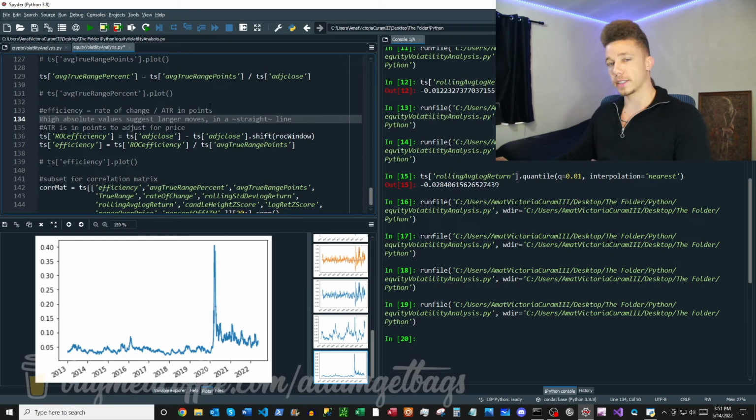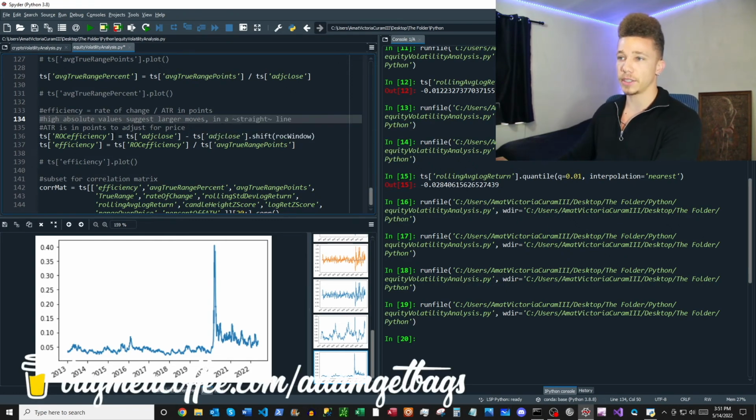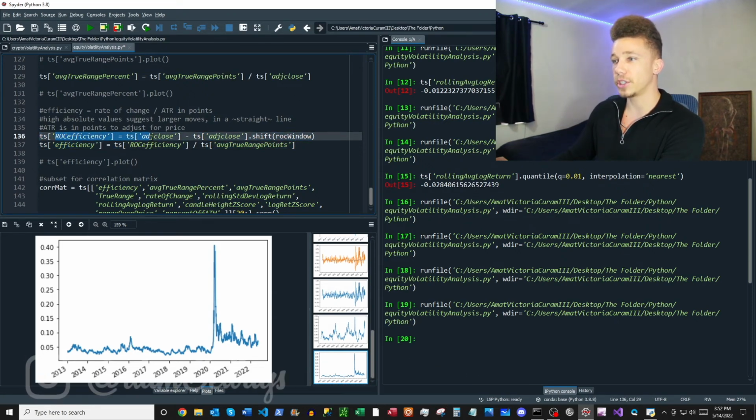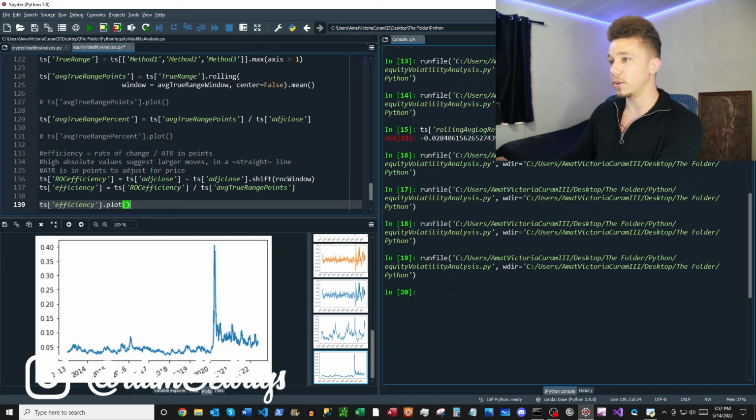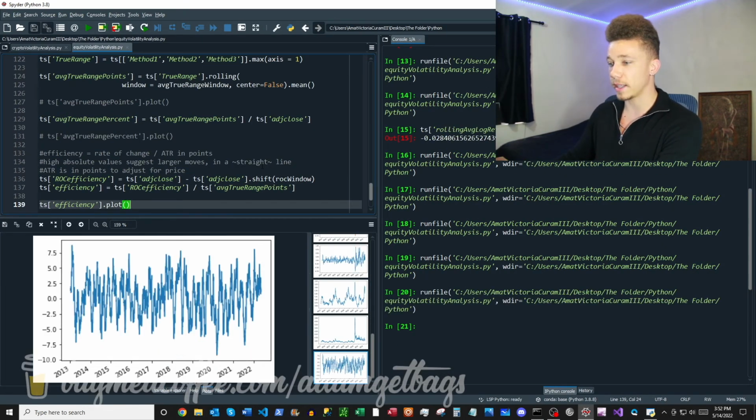The more volatility, the more zigzag the time series, then your average true range is going to be larger, so your efficiency value is going to be smaller. Essentially it's just that rate of change calculation, divided by your average true range in points. We can check that out and see what that looks like. Again, the values are varying from negative to positive there, and that average is looking like it's in the middle.